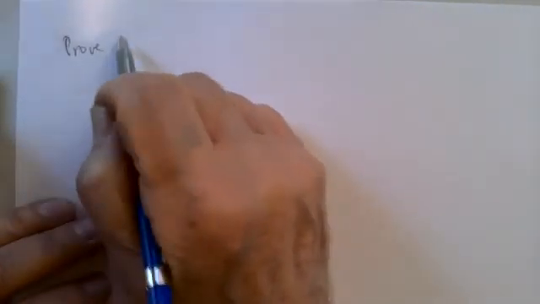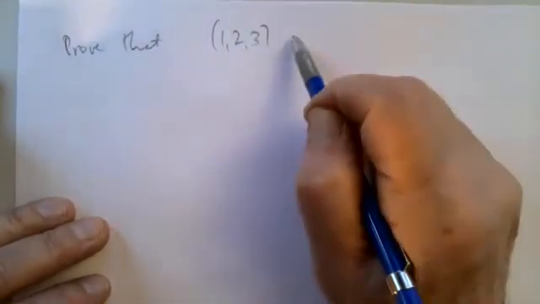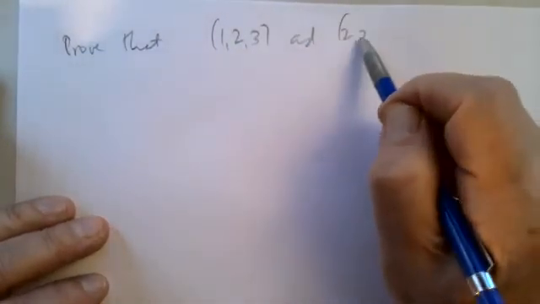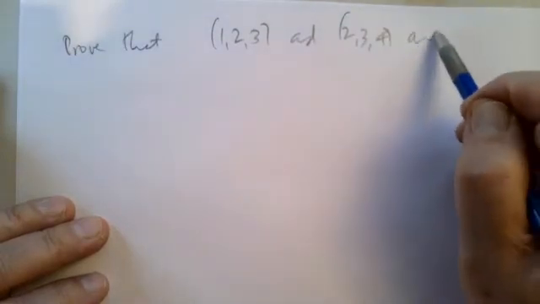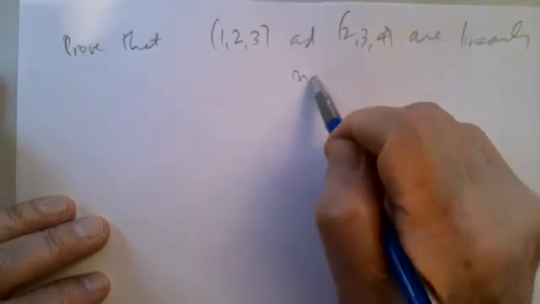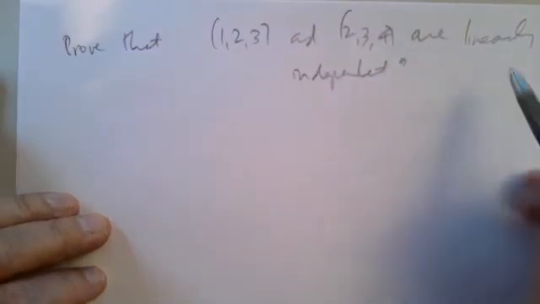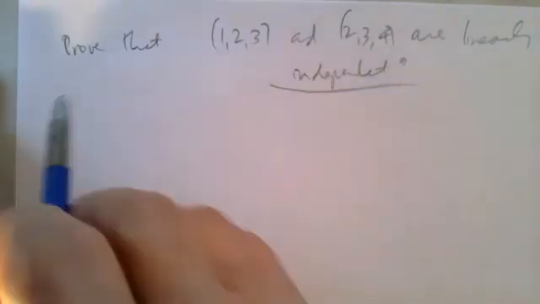Let's see, here are problems to do. Right now, prove that the vectors (1, 2, 3) and (2, 3, 4) are linearly independent. Right? So how do you prove that?